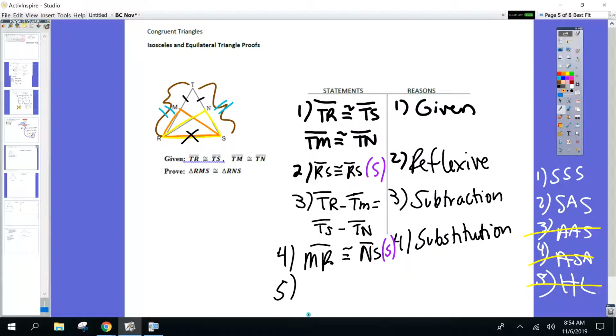Izzy? You do not, and I'll show you why when we write the reason. So what angles do you want? I still don't know what, because you name like 20 different letters there.